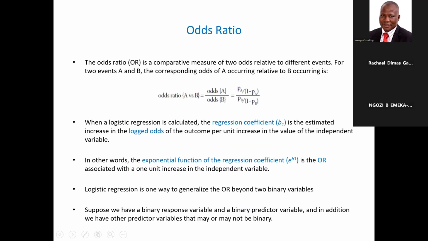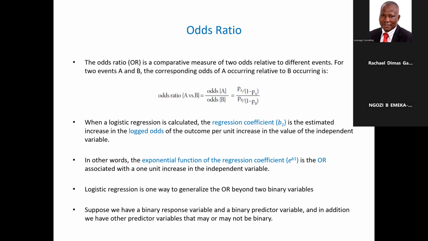The odds ratio is a comparative measure of two odds relating to different events. For example, two events A and B. The odds of A occurring relative to B occurring is the odds ratio: odds of A over odds of B. When a logistic regression is calculated, the regression coefficient beta is the estimated increase in the log odds of the outcome per unit increase in the independent variable.